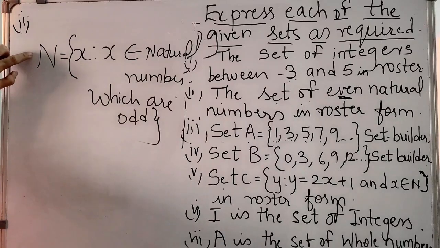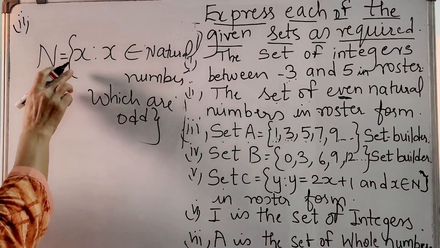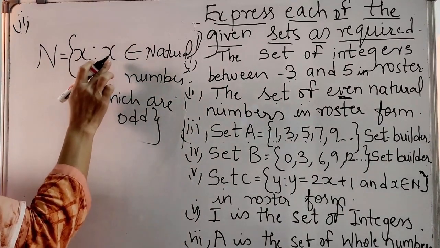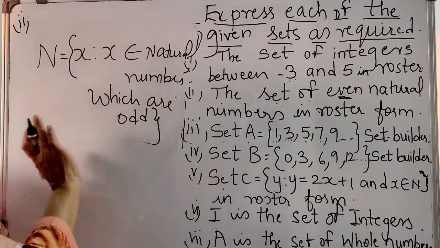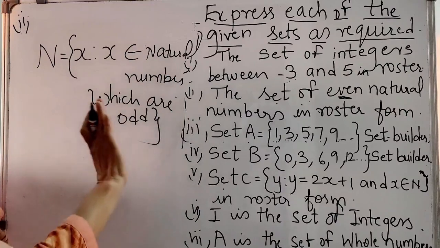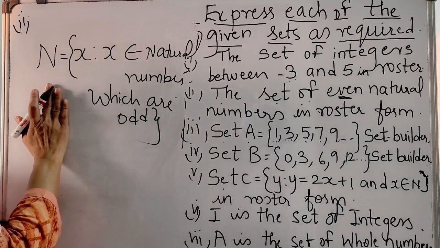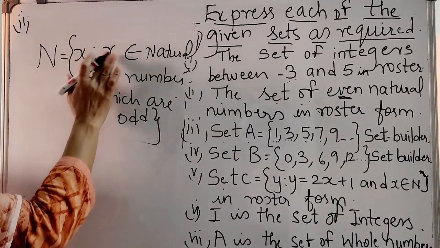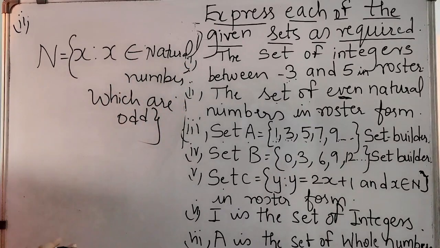So here the set A has got natural numbers, x such that x belongs to natural numbers which are odd, which are not even. You have to exclude the even numbers. So you write in set builder form this way: x is such that x is a natural number which is odd.